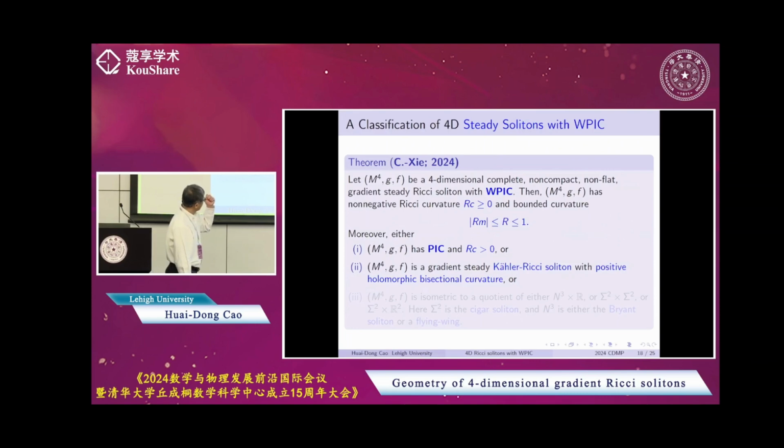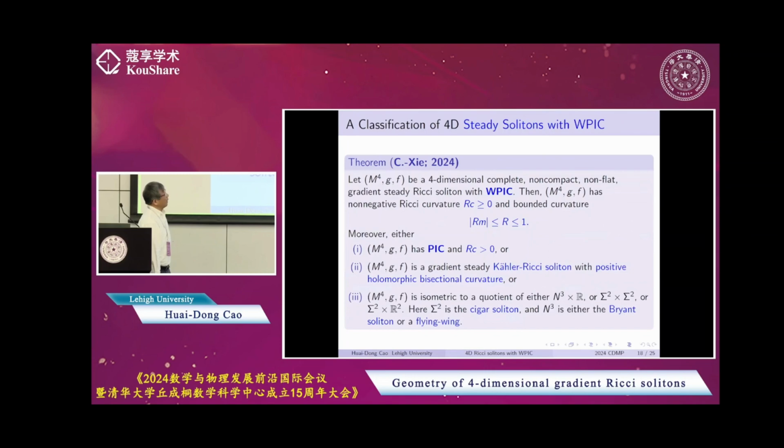So this, in some sense, is like Berger's classification in terms of holonomy. Still, of course, the difficult issue is what happens with PIC.